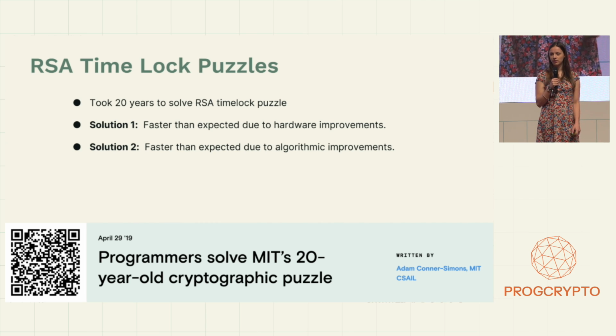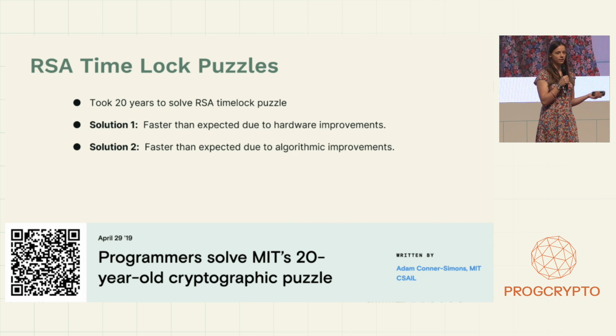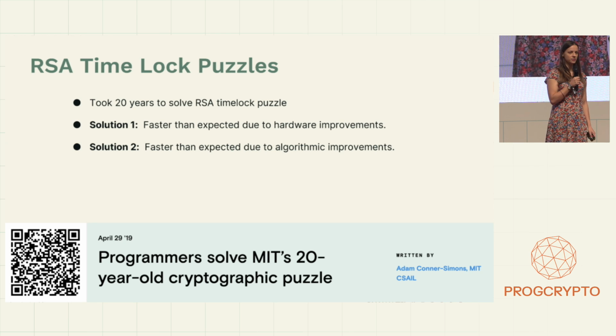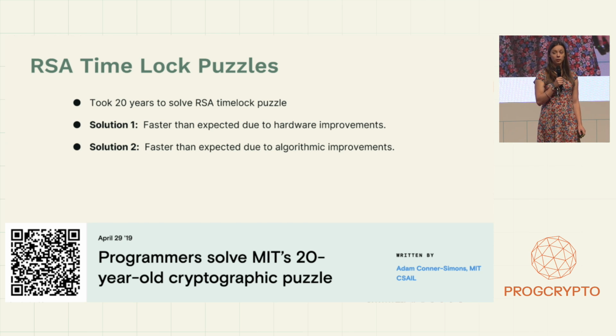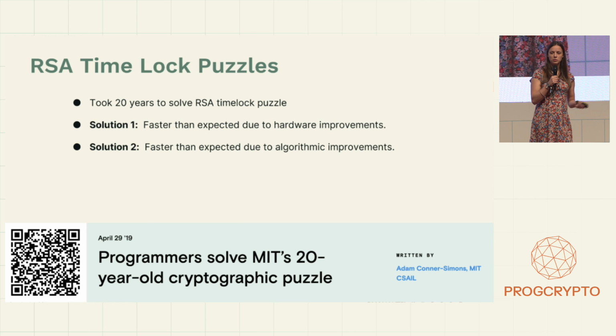Hardware got better quicker than the original designers were expecting, and therefore someone running the standard algorithm on the hardware available was able to find a solution quicker than expected. The second solution is more interesting in the sense that due to algorithmic improvements, they were able to compute the base sequential function quicker than was known how to do in 1996.